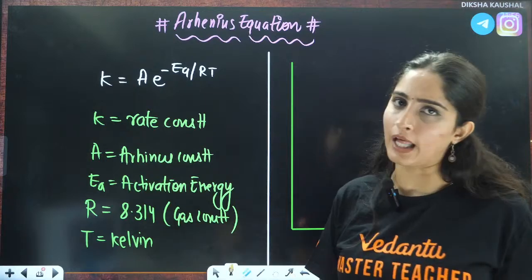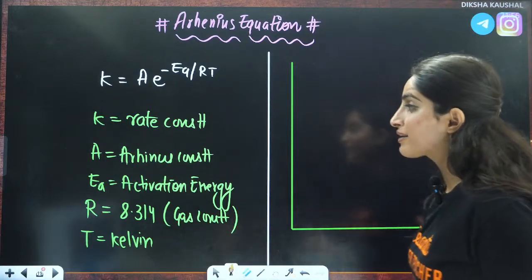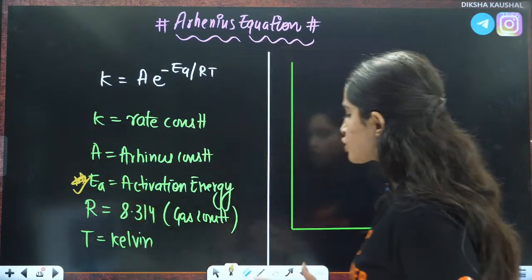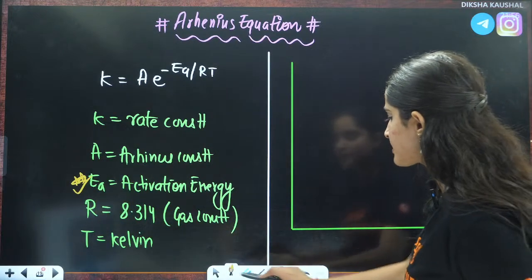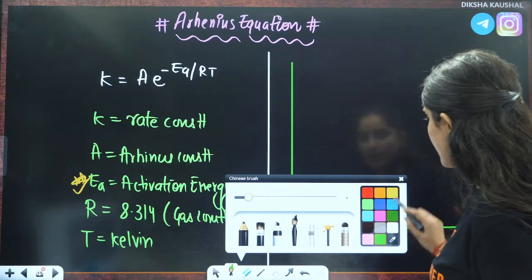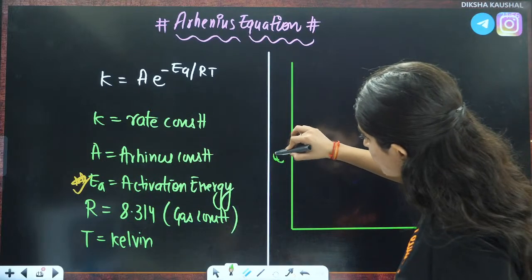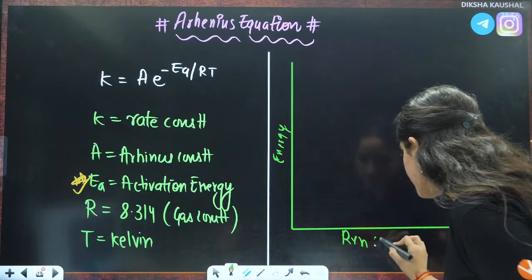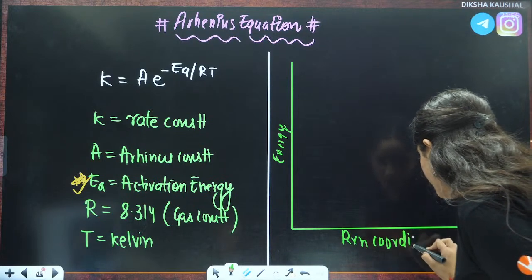R you know, T you know, that is temperature. Now ma'am, what is this activation energy? That is the new thing for us. So activation energy means, for example, this is your energy, and this is reaction coordinates.